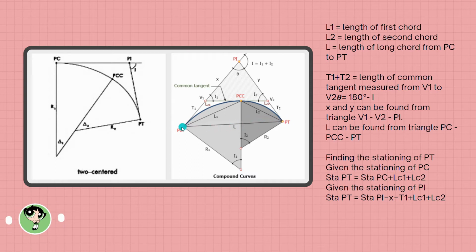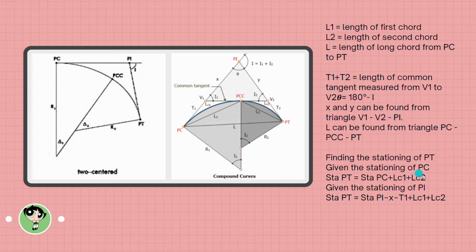Moving on, we have the stationing of PT. To find the stationing of PT, we have two ways: if the station of PC is given, or if the station of PI is given. The formula for getting PT when PC is present is: station PC plus LC1 and LC2. That is the formula for getting PT.